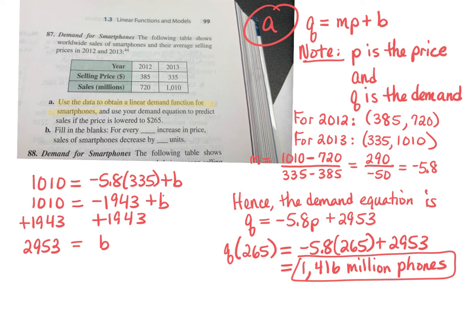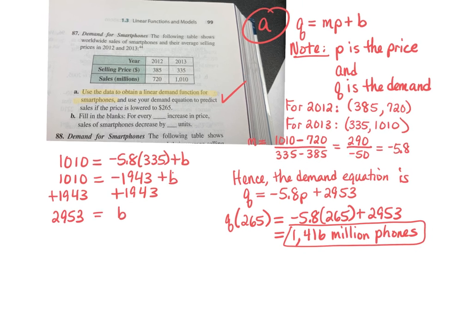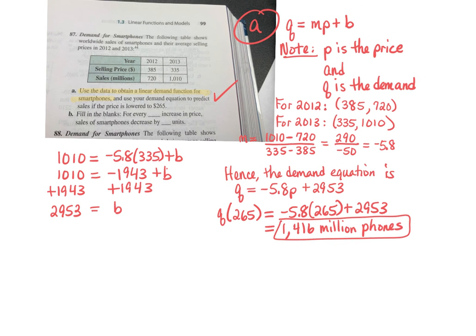All of that is part A. So we're good there. And then part B here, we have to fill in the blanks. For every blank increase in price, sales of smartphones decrease by blank units. Okay? We just use the slope.